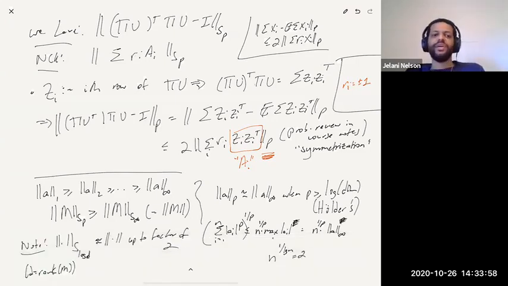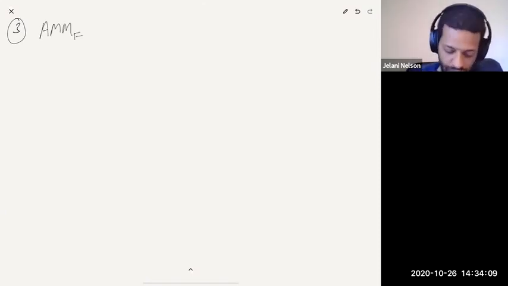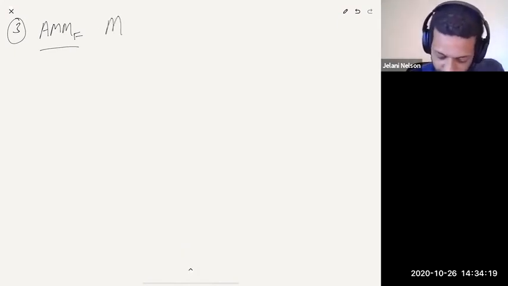Okay. So good. And now maybe there's a third way that's related to the second way of analyzing oblivious subspace embeddings, which is via approximate matrix multiplication with respect to the Frobenius norm. Notice that M Frobenius norm is always at least M operator norm.